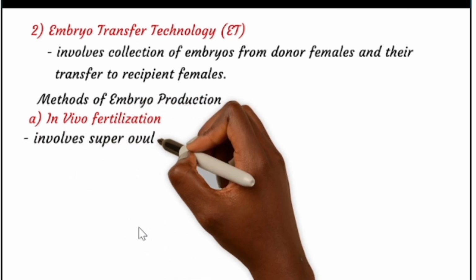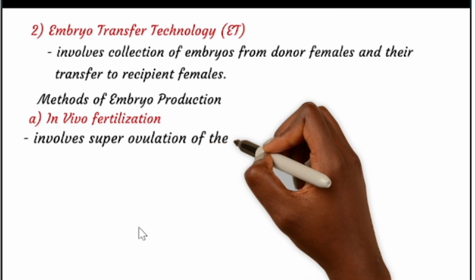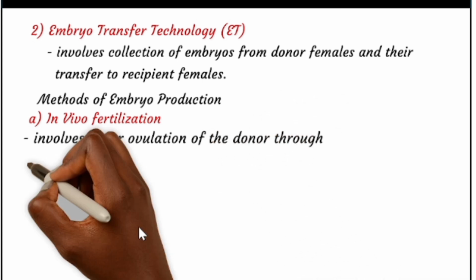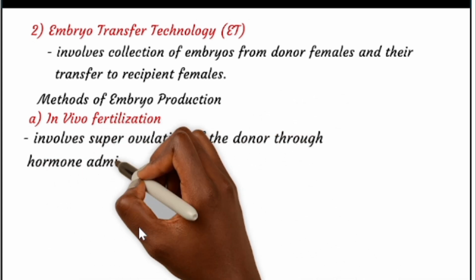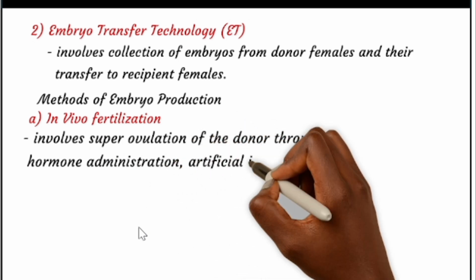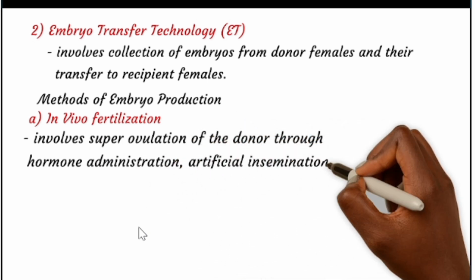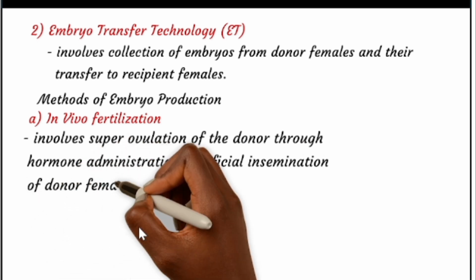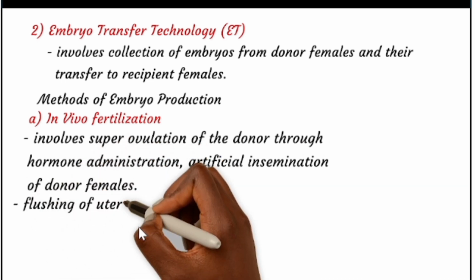So in the in vivo method, the first thing you do is a superovulation of the donor through hormone administration. Of course, you have to inject hormone into the animal to let the animal ovulate. After doing that, you carry out artificial insemination of the donor female.